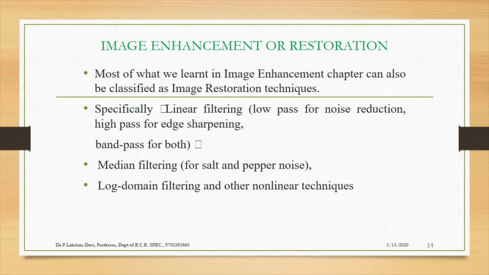Based on these different types of linear filtering concepts, you focus on removing a specific band of frequencies, either a lower range or a higher range, or allowing a specified range of frequencies, or rejecting a specified range of frequencies. We call them low pass, high pass, band pass, and band reject filters. Those are the types of linear filtering concepts.